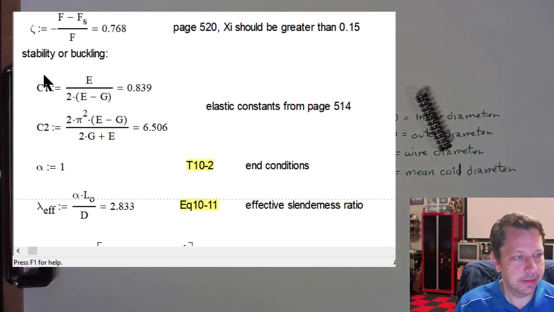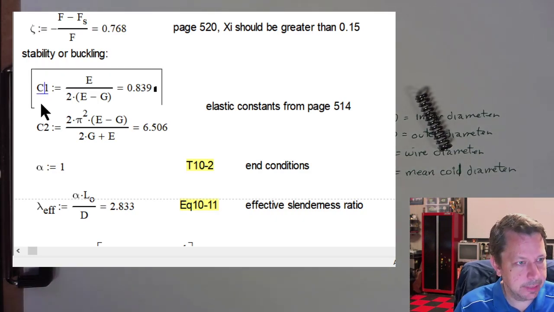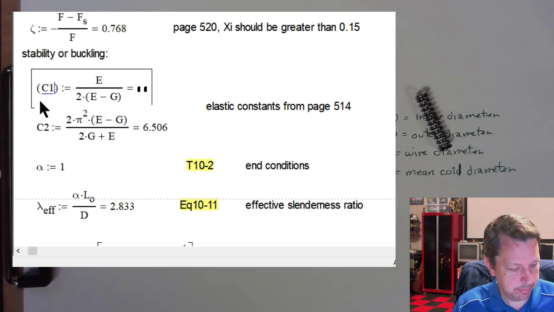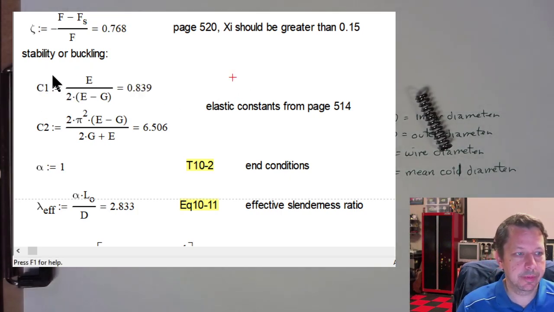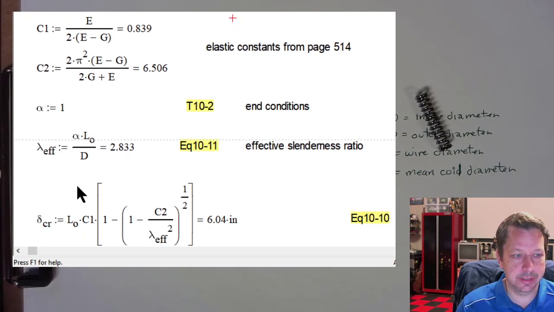If anybody knows how to put the prime in MathCAD without it just being a marker, then let me know, because I'll add it in there. Anyway, it's not important. C1 and C2, these are elastic constants, and as you can see, they're made up of your modulus of elasticity and your modulus of rigidity. So these are constants that are going to go into an equation later on down here.